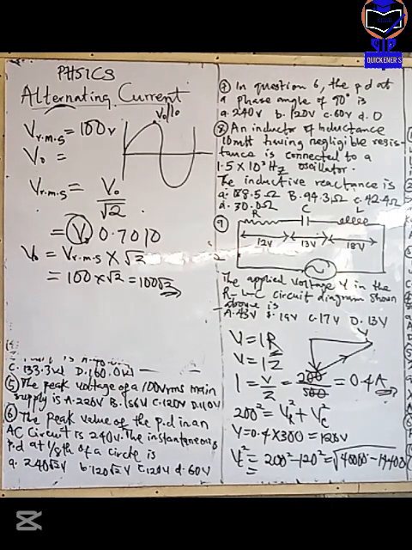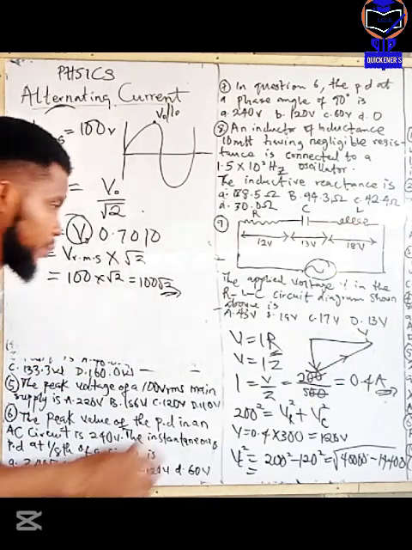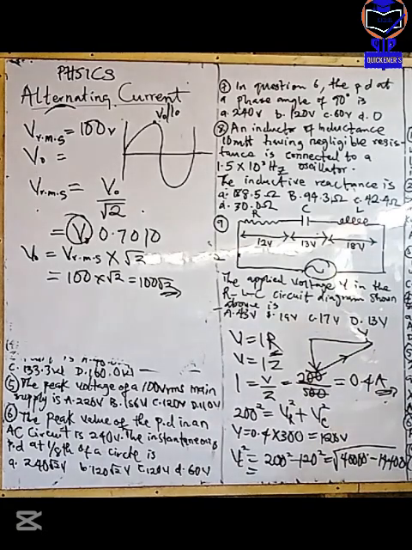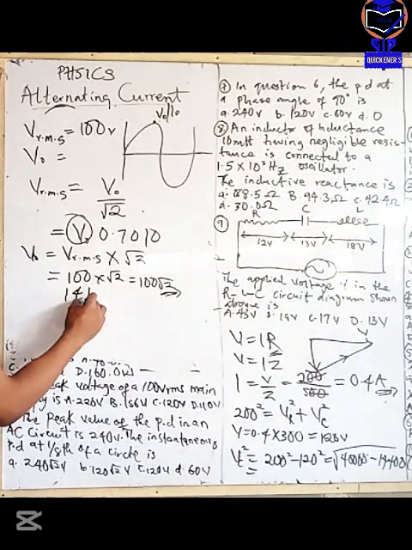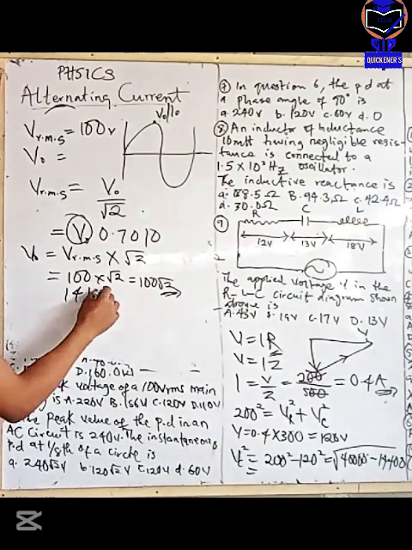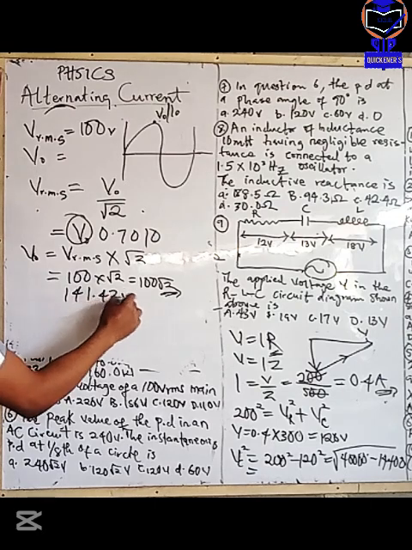What is the value of root 2? Let's see. What will be your value of root 2? The answer is what? 141.42 volt.